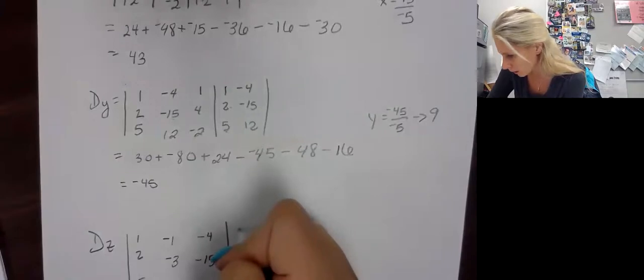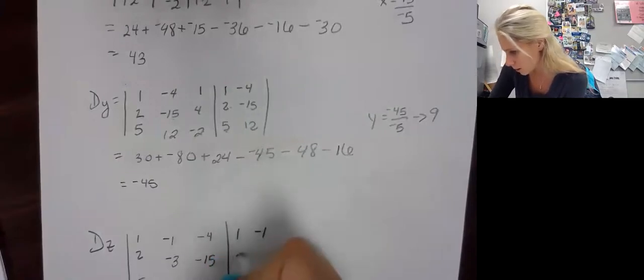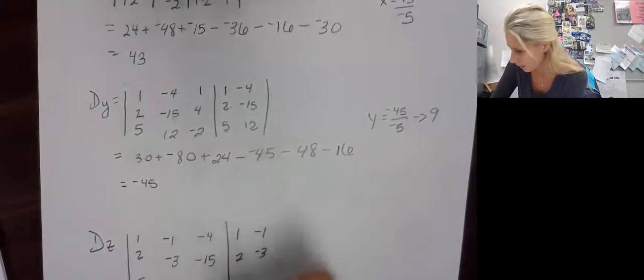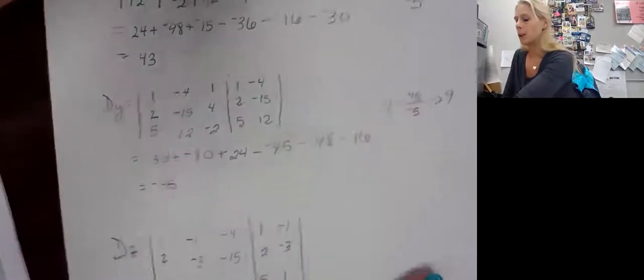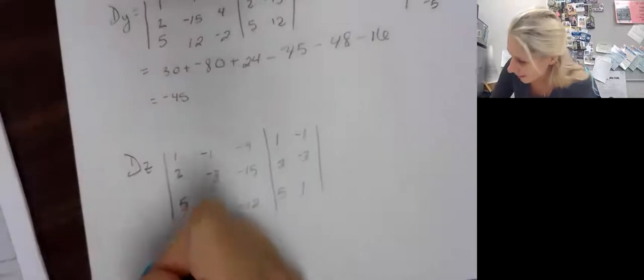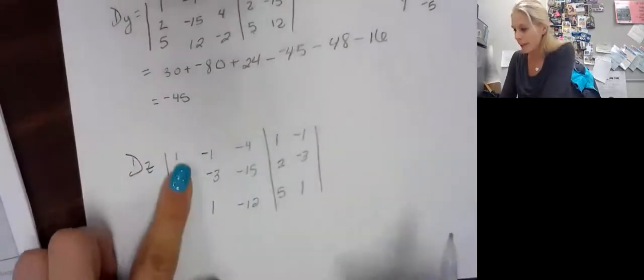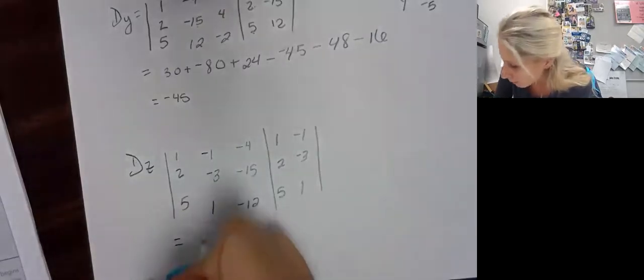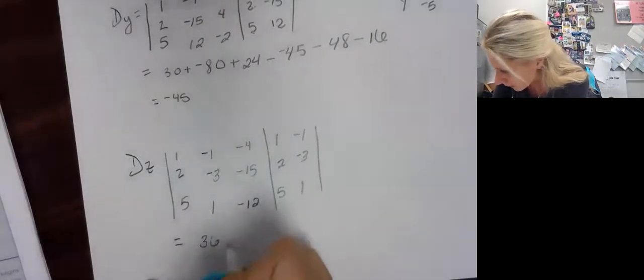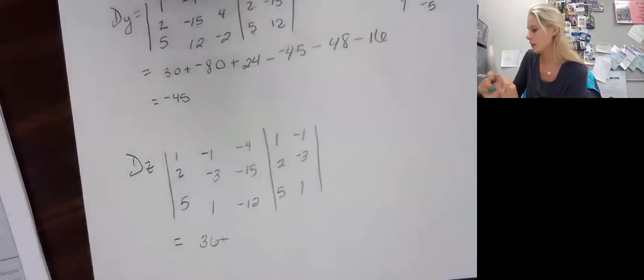Okay, first two columns, 1, negative 1, 2, negative 3, 5, and 1. Equals. So right here, 1 times negative 3 times negative 12 is a positive 36 plus, right?